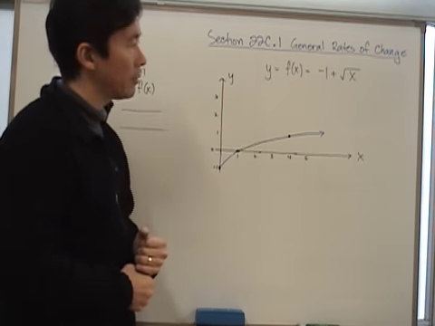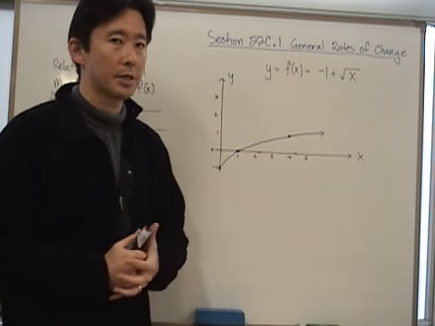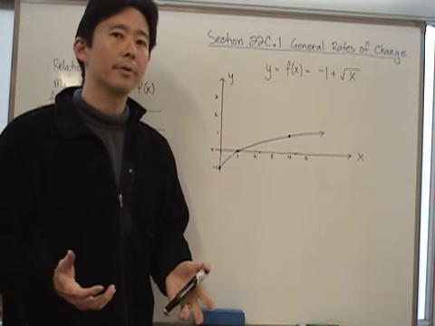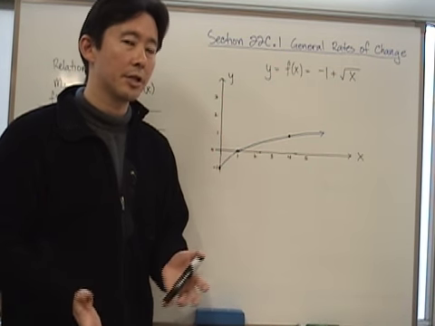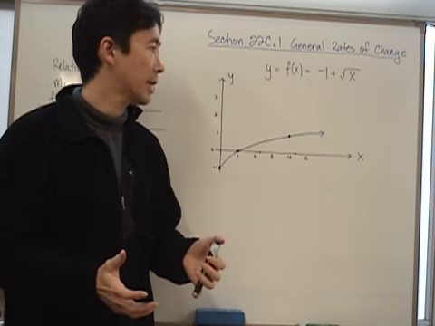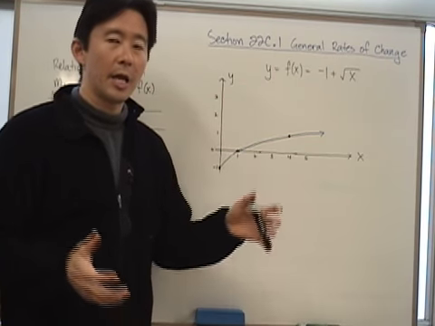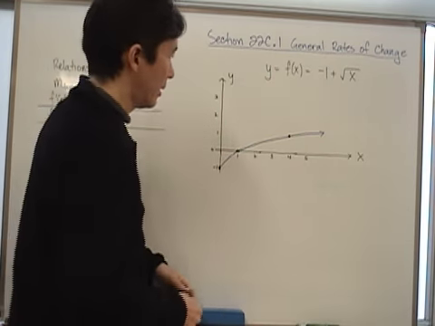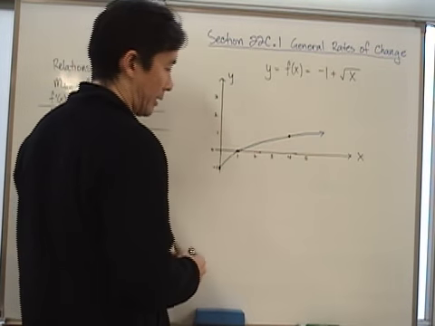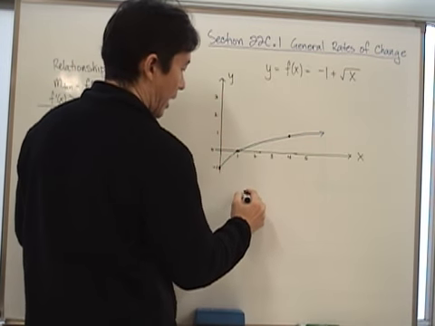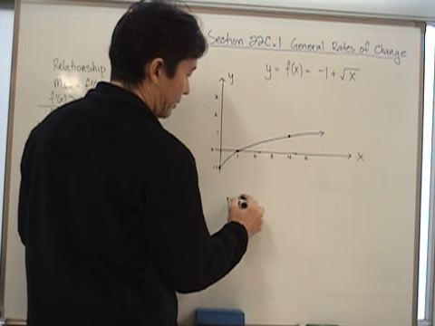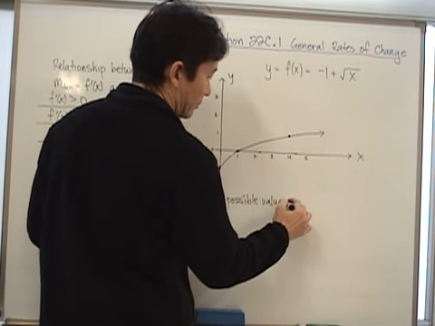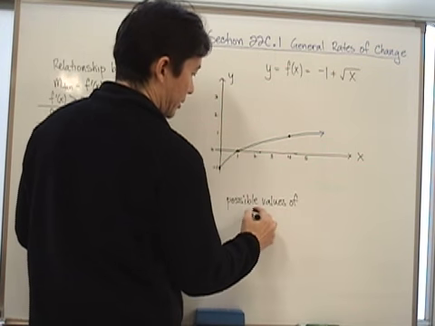What we really want to focus on in this particular section is the relationship between the slope of the function, the instantaneous rate of change, or the slope of the tangent line of the function, and what's happening with the function. Let's take a look first at the possible values of slope.